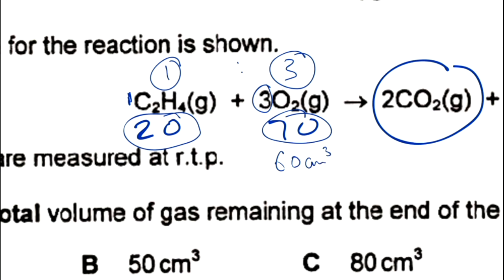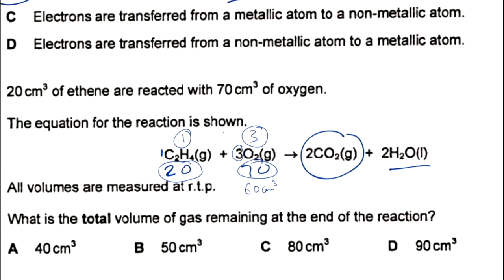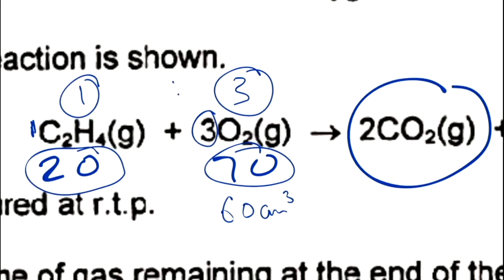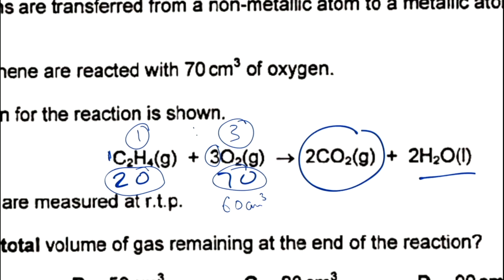What this means is there's extra oxygen in this whole experiment. So I want to look at what's left after reacting. If I take 70 minus 60, I'm left with 10. Then after that 20, the ratio between this is 1:2.